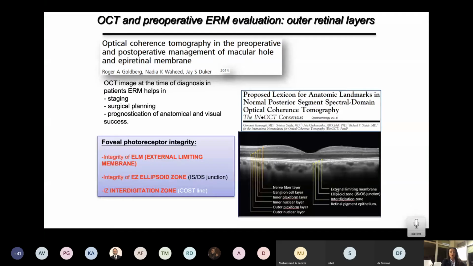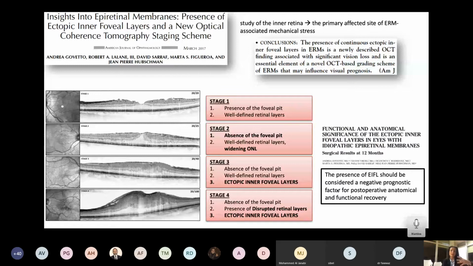As we know, OCT is important to evaluate the integrity of outer retinal layers before surgery in case of epiretinal macular membrane. And since the analysis of the outer retinal alterations may not be sufficient to predict the postoperative visual outcome, the attention has recently shifted to the study of the inner retina, that is the primary affected site of ERM-associated mechanical stress.